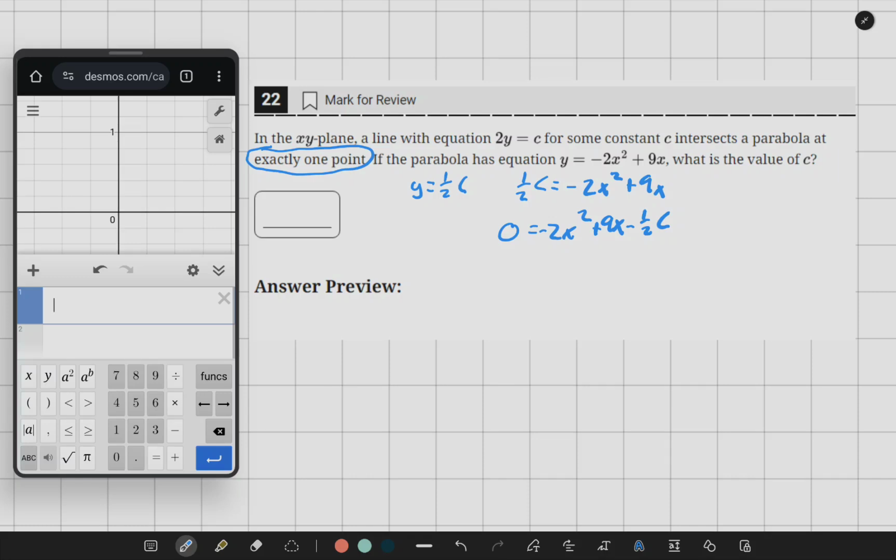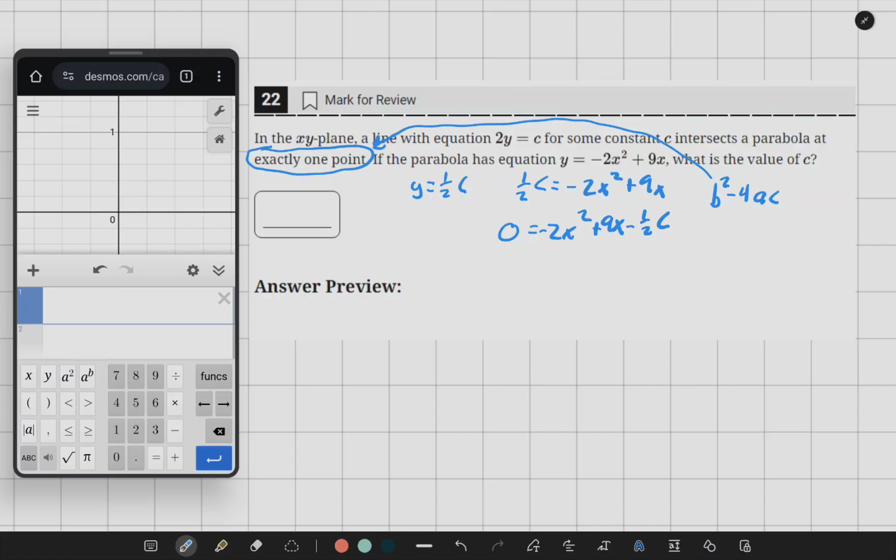So the next step is going to actually use a different form of the negative b over 2a equation in one of the previous problems. That is actually just a form of the discriminant, which is b squared minus 4ac. And coming back to the beginning, we know that it intersects the parabola at exactly 1 point.